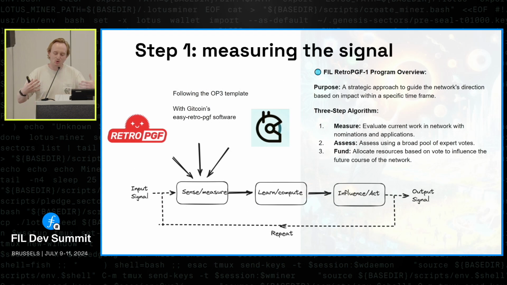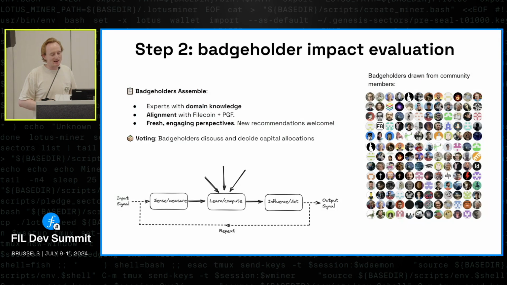And a very quick just to finish off the intro of what FIL-RetroPGF is about. So essentially we have this feedback loop where we're trying to measure some signal from the community. So we do this by the community submitting applications about what impact they have created. The next step is that there's a kind of learning and computation step whereby badge holders assess those applications and say, hey, yeah, this is really impactful, this less so, and then they allocate funds on the basis of that.